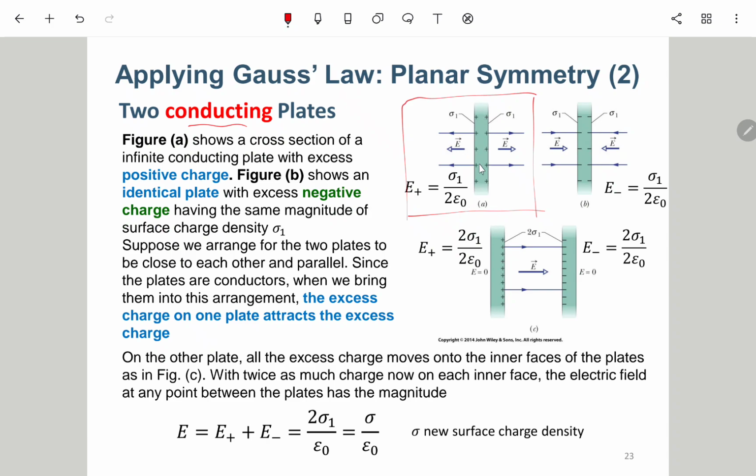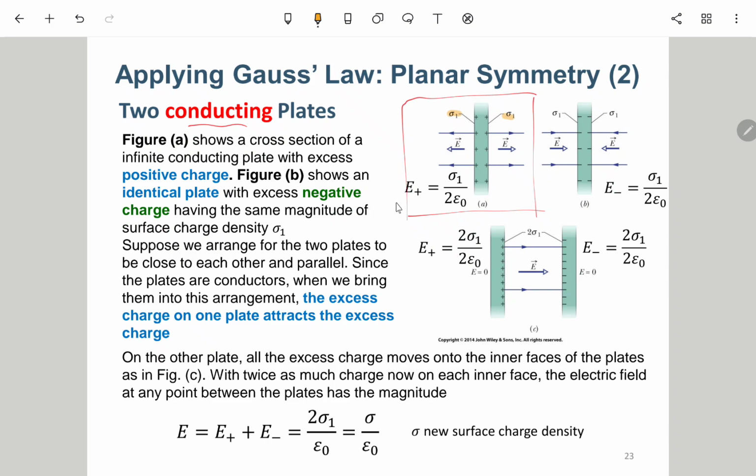There are no charges inside the conductor. So we assume the charge density on both sides to be sigma 1.